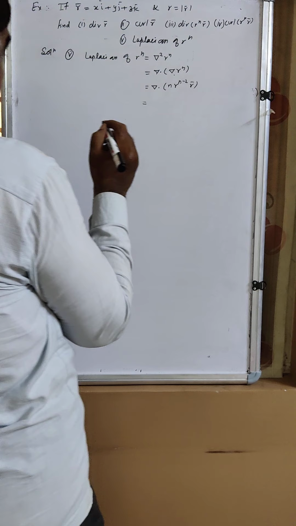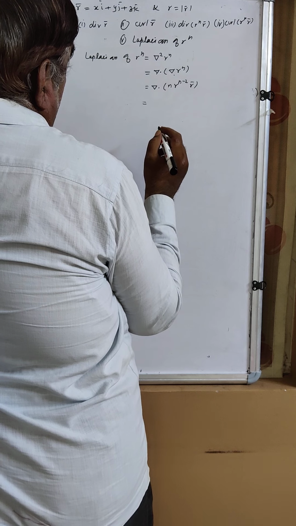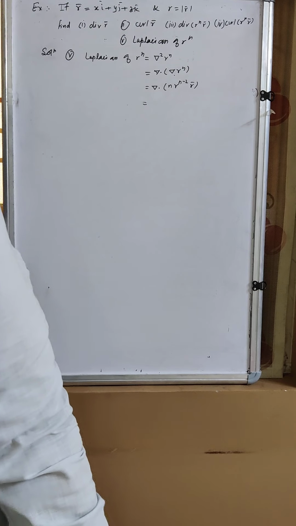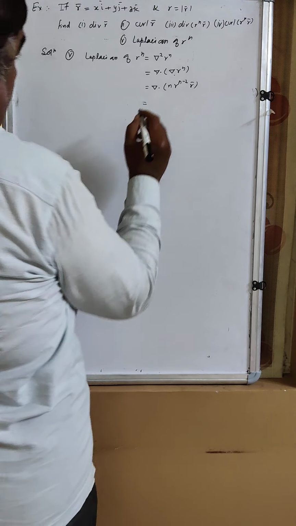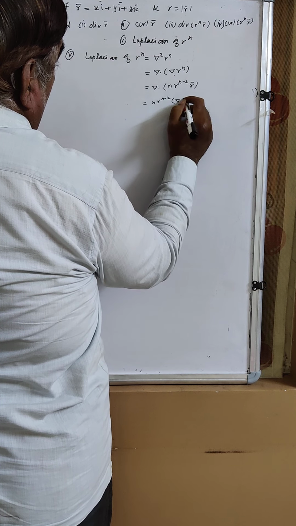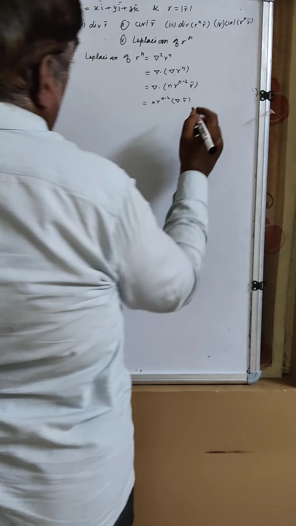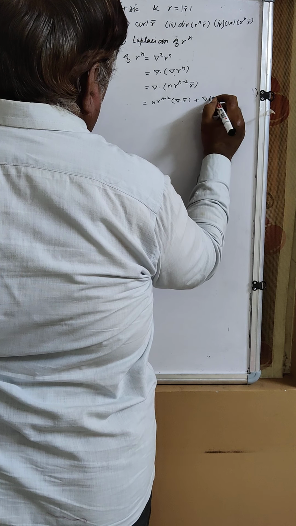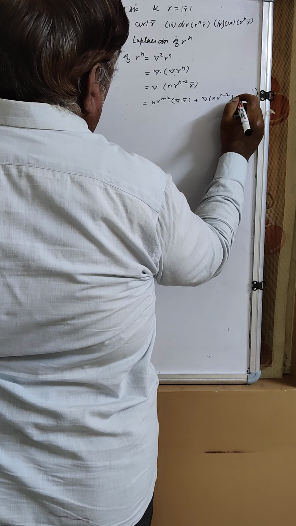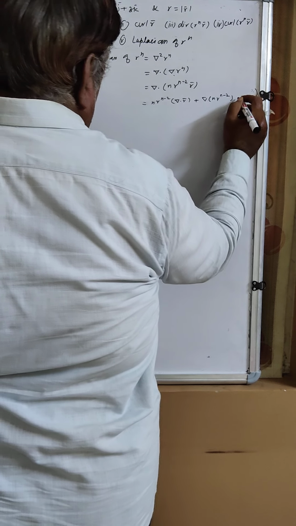Therefore, we write directly n r raised to n minus 2 del dot r vector plus del of n r raised to n minus 2 dot r vector.